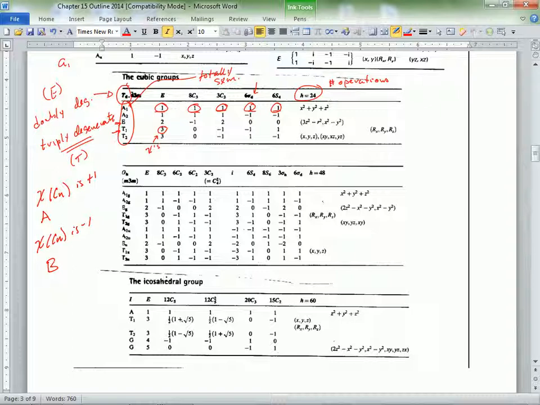Okay, and then on over here, these are how these functions transform. So what that means is, if you would take these functions and overlay them with this A1 irreducible representation, if you took that function x squared plus y squared plus z squared and overlaid it with this A1 irreducible representation, however you want to imagine it, you get some substance.